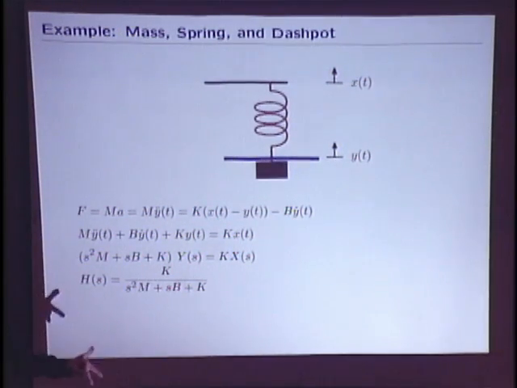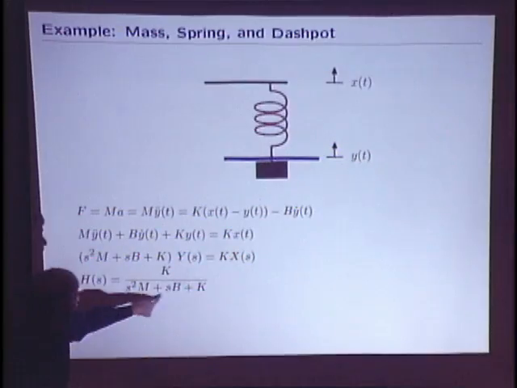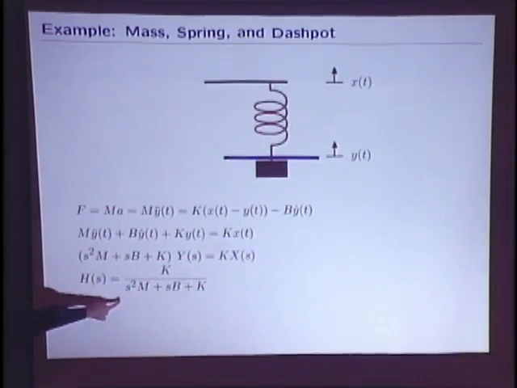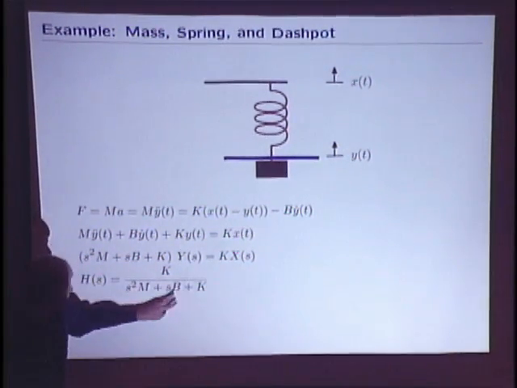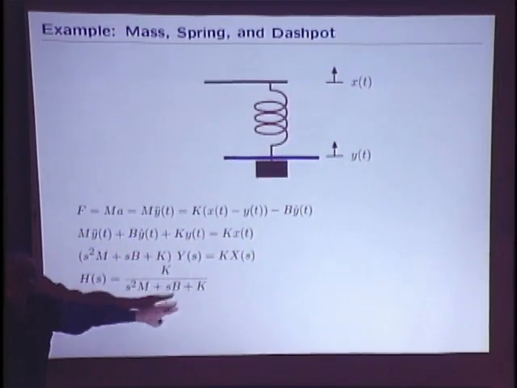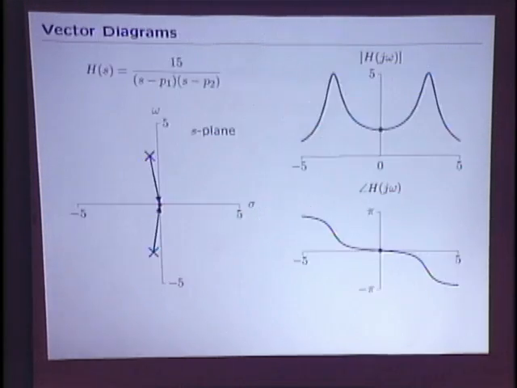So they are complex. If you set this equal to 0, you get that s squared m plus k must be 0 if b were small. So the poles are going to be complex.